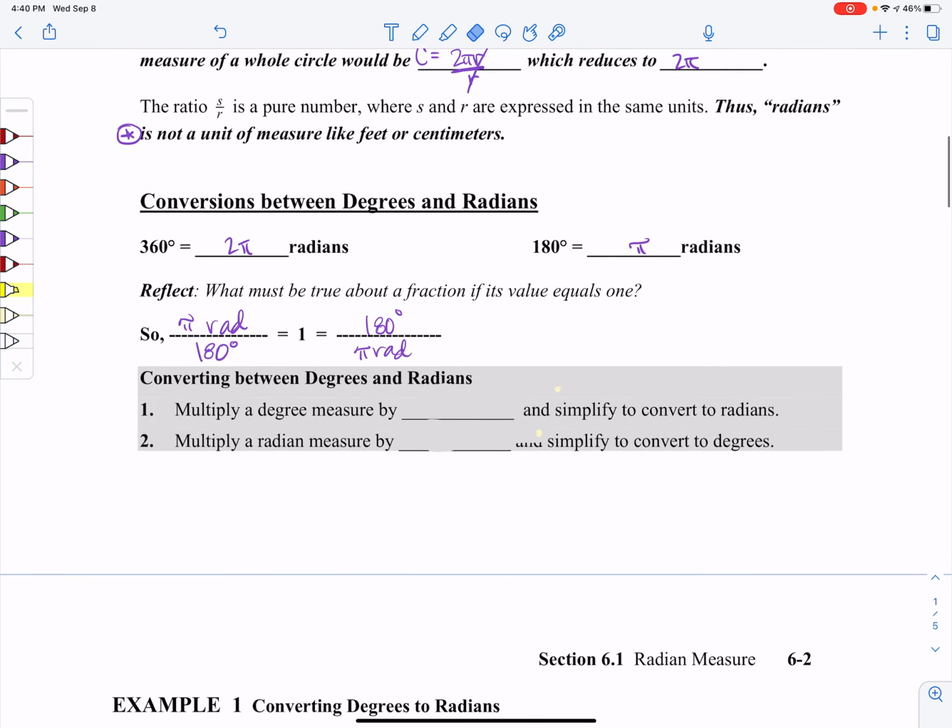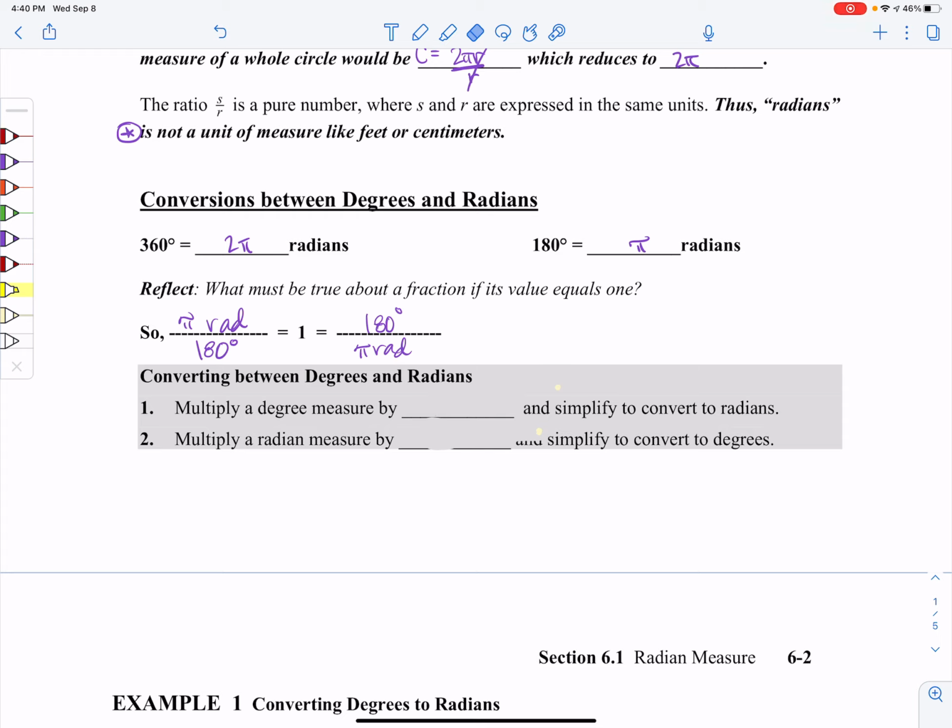If I want to convert from degrees to radians or radians to degrees: if I have a degree measure, I simply multiply by pi over 180. If I have a radian measure, I multiply by 180 over pi.